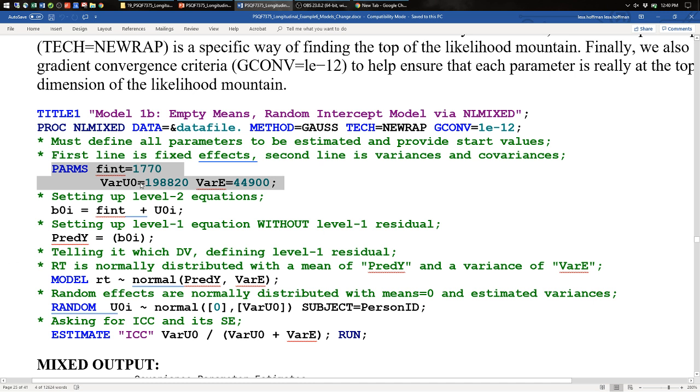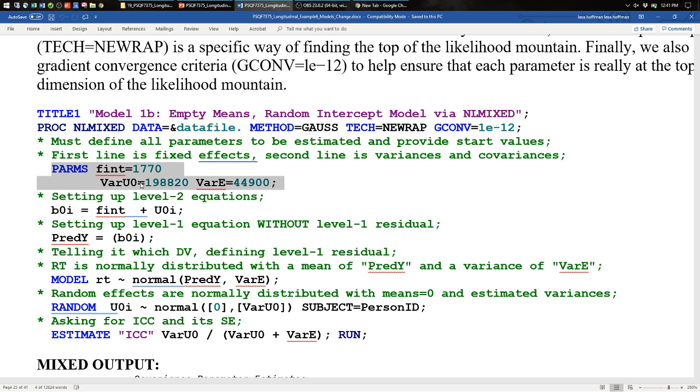Can you guess what that one is? Random intercept variance, more specifically the variance of u0. That's what it means to me. And last but not least, var e. Yeah, the error variance at level 1.